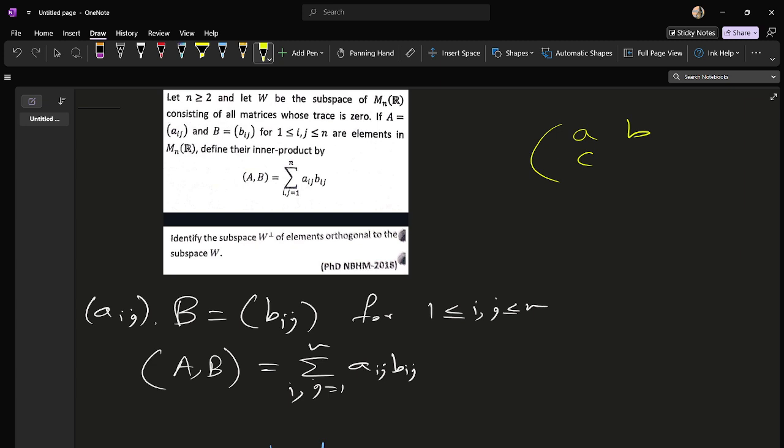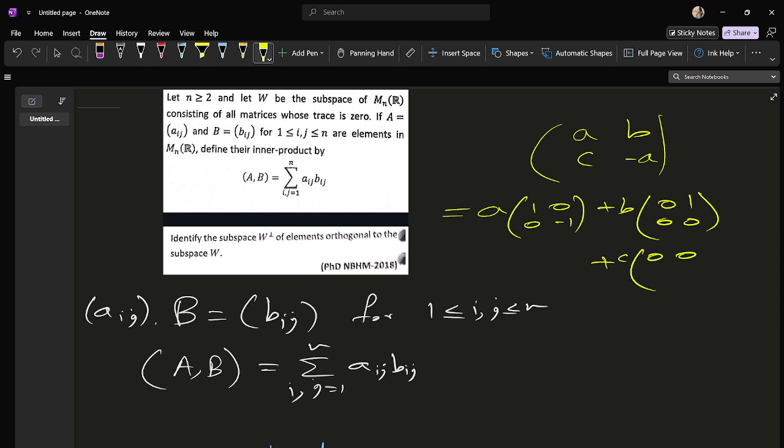The fourth entry will be minus a, since the trace is 0. We can write it in another form: taking the common things out, we get a times (1 0; 0 -1) plus b times (0 1; 0 0) plus c times (0 0; 1 0).